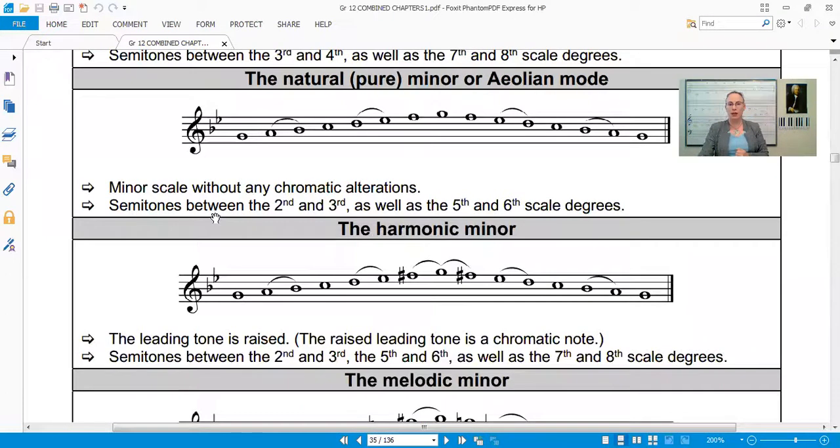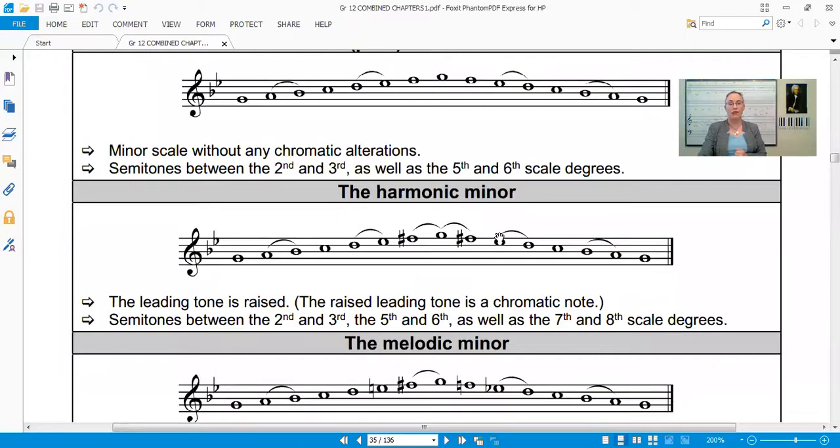Then the harmonic minor, I also think you guys are fine with teaching to your kids. The important aspect there is that you indicate the raised leading tone. And when you teach this, just remember it's the raised leading tone. It's not a sharpened leading tone.